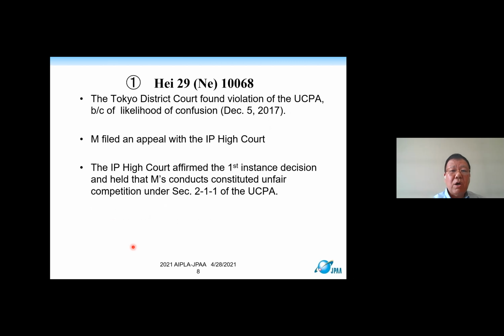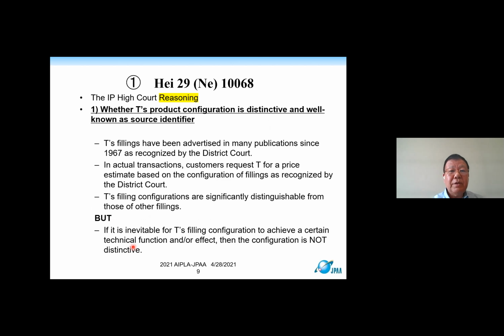The Tokyo District Court, as the first instance, found violation of the UCPA because of likelihood of confusion. So Matsui filed an appeal with the IP High Court. The IP High Court affirmed the first instance decision and held that Matsui's conduct constitutes unfair competition under section 2(1)(i). Let's see the reasoning.